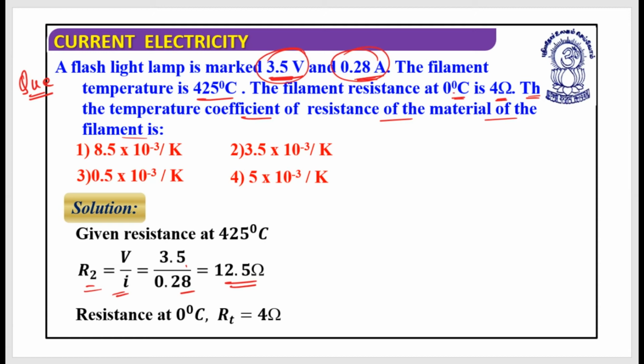Now the resistance at 0 degrees Celsius, R0, is 4 ohm. That has been given. What I need to find out, the filament temperature is 425 degrees Celsius, and I need to find out the temperature coefficient, alpha. How could I do this?